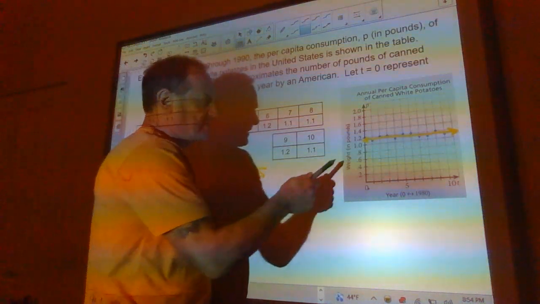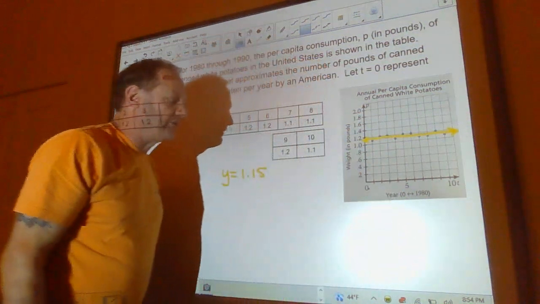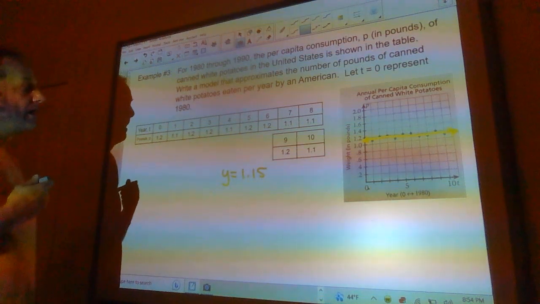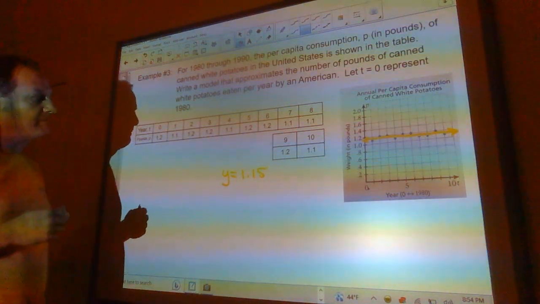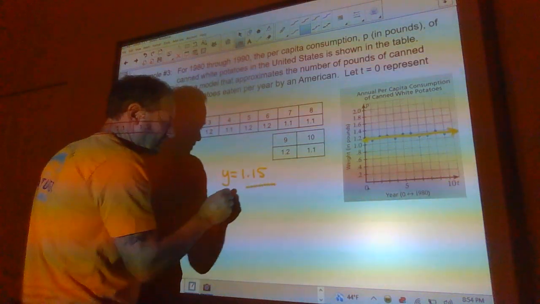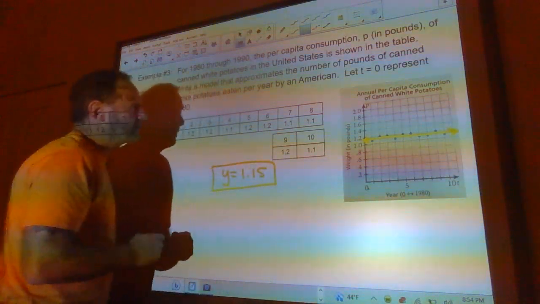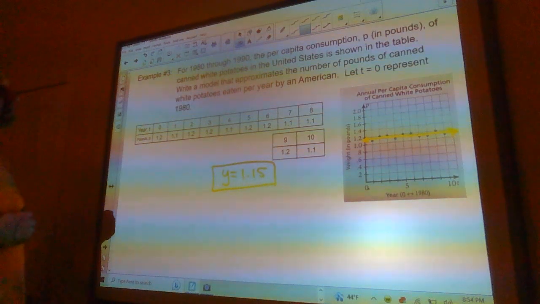Although it doesn't hit exactly, it gives a very close approximation of how many pounds of canned white potatoes get eaten per person in America each year. So there's my equation.